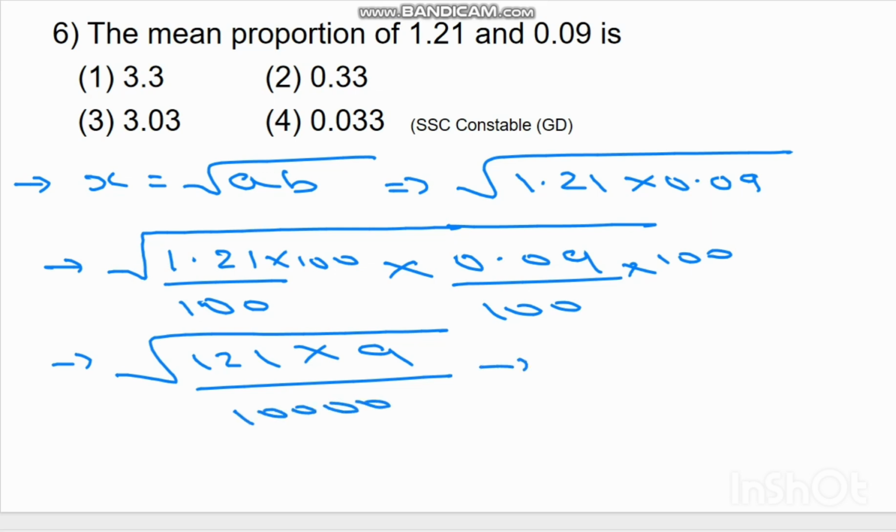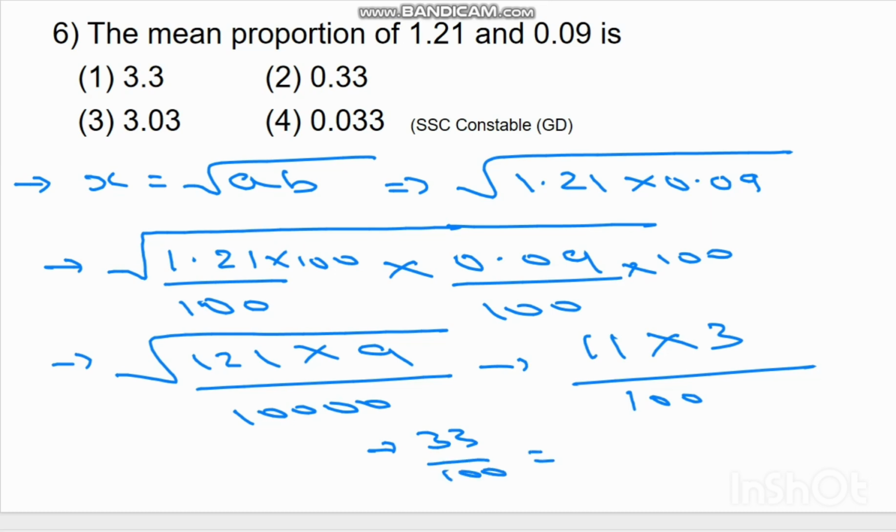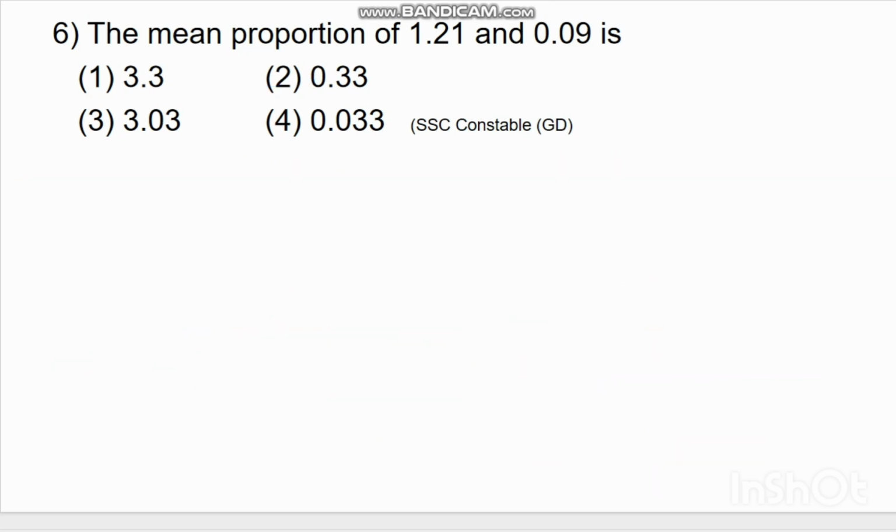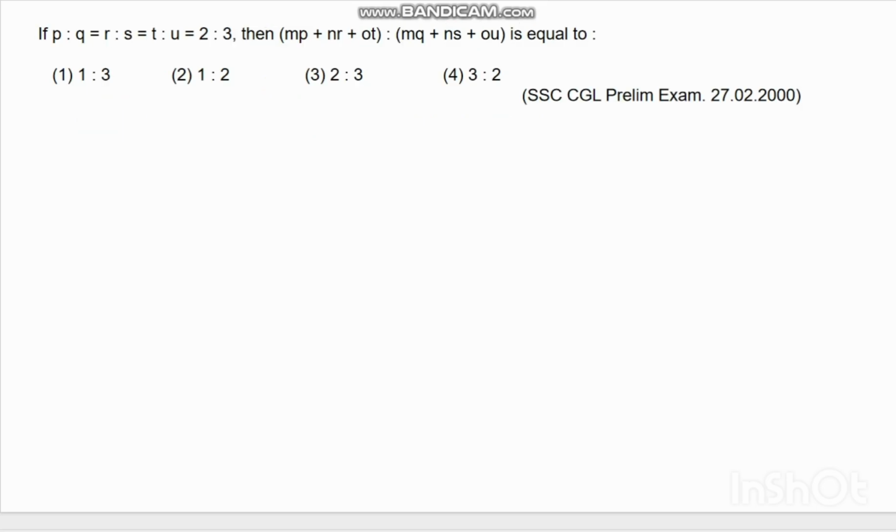So root 121 is nothing but 11, root 9 is nothing but 3, and root 10,000 is nothing but 100. So 33 by 100 is nothing but 0.33. So option 2 is the correct answer.